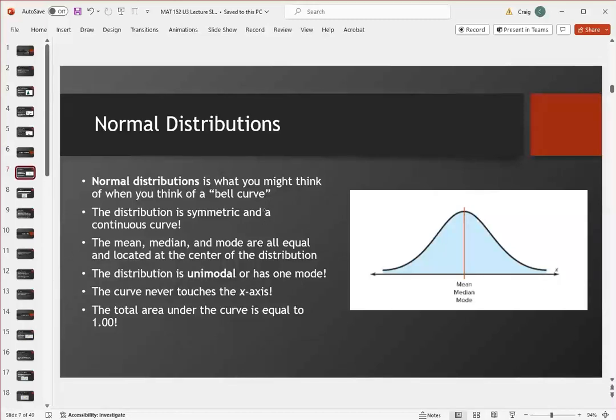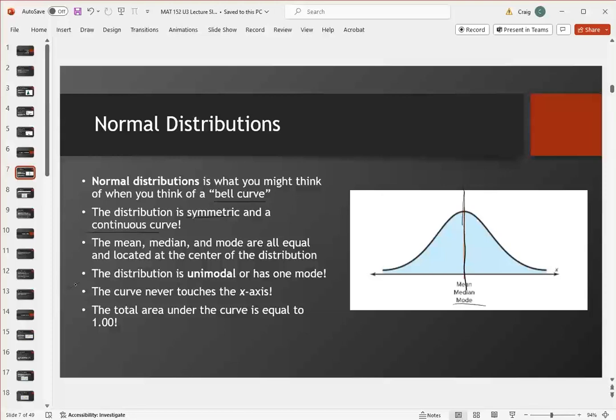The normal distribution is what you think about when you think of something like a bell curve. It's going to be symmetric and it's continuous. Symmetric just means if you draw a line through the center, it's the same on both sides. In the case of a normal distribution, the mean, median, and mode are all equal. They're all going to land in the middle of your values.